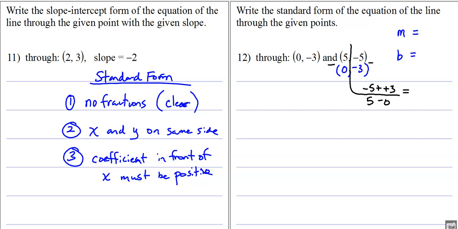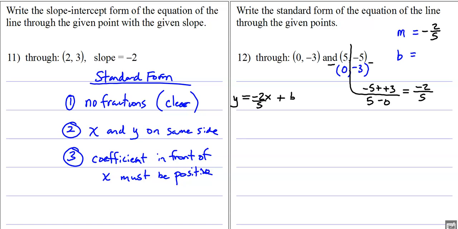If not, we'll do it by hand here. Negative 2/5. So I now have a slope of negative 2/5. That is enough to get me a starter equation. Y equals negative 2/5 x plus b.